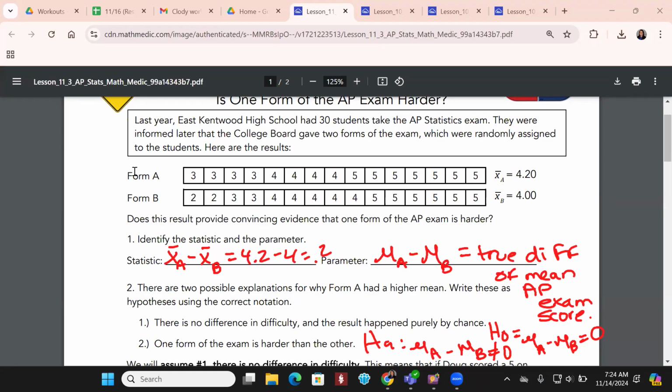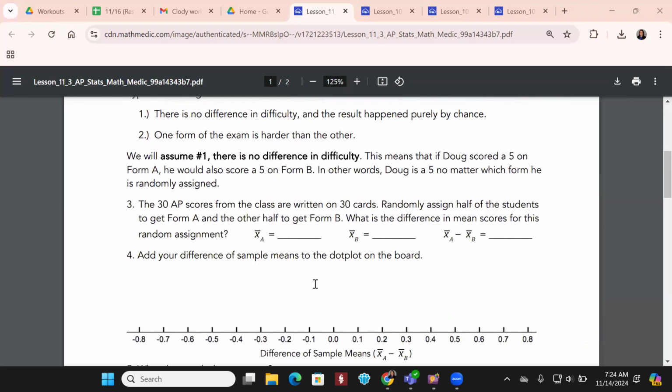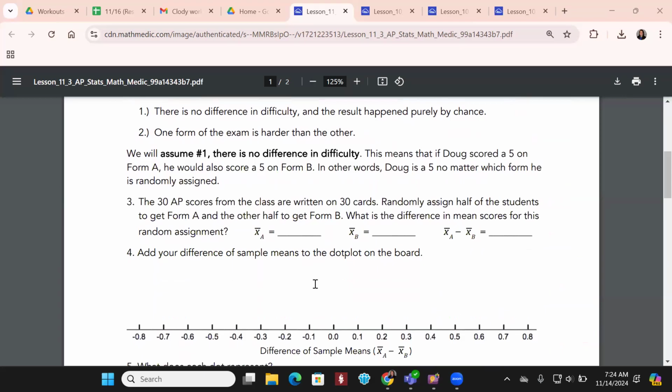Okay, cool. So the means for that would be 4.27 and 3.93. And the difference between those two is 0.34.